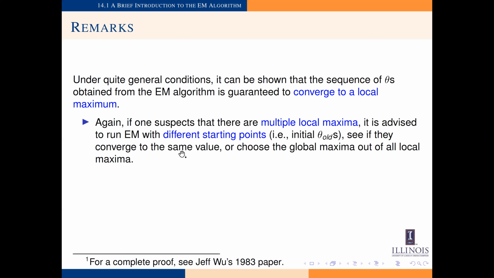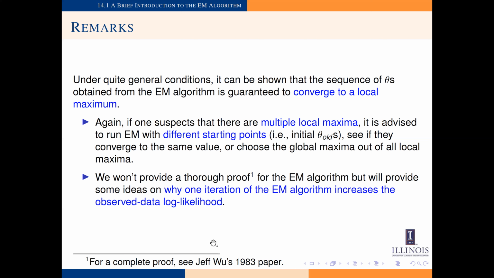We're not going to provide a thorough proof for the EM algorithm. So if you're interested in a thorough proof, I included a paper by Jeff Wu from 1983, which is I believe the original paper where they proved that the EM algorithm can converge to a local maximum.